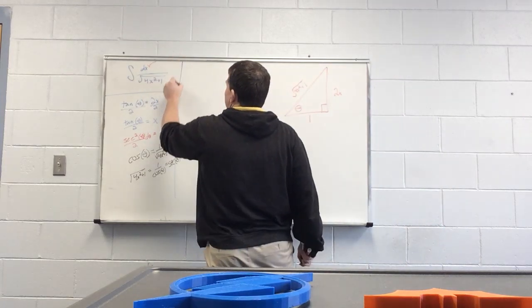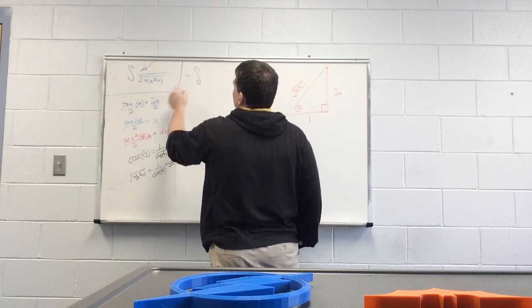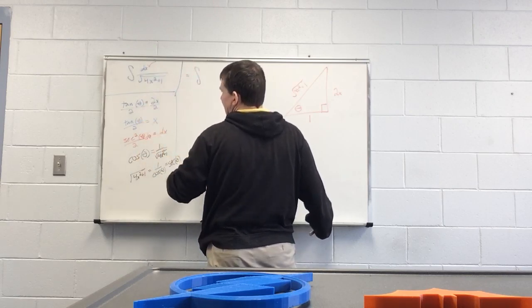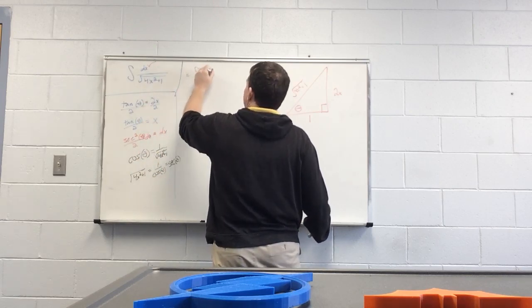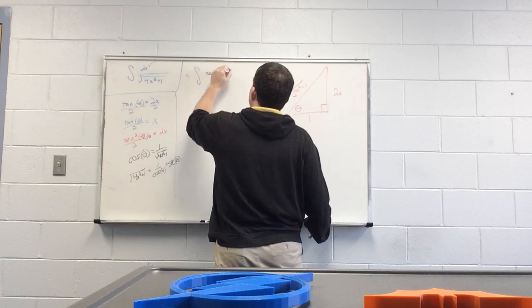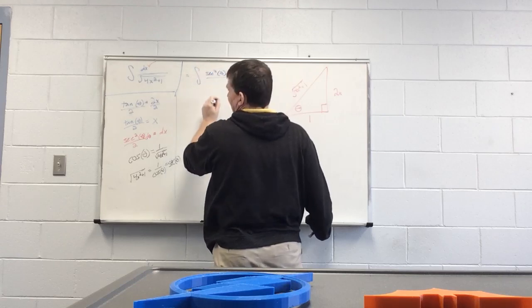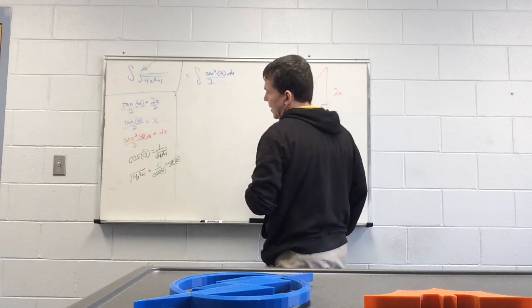So now I substitute in dx is equal to secant squared theta d theta all over 2.